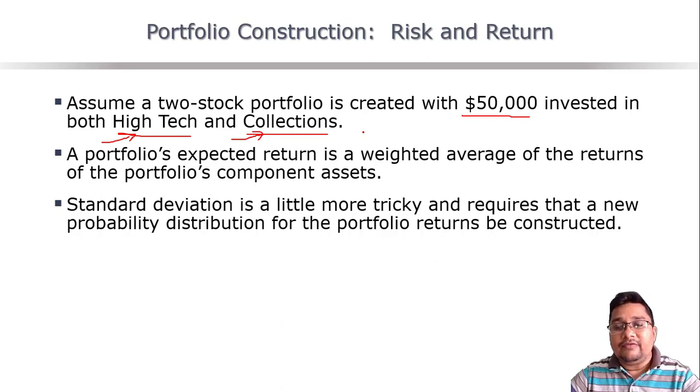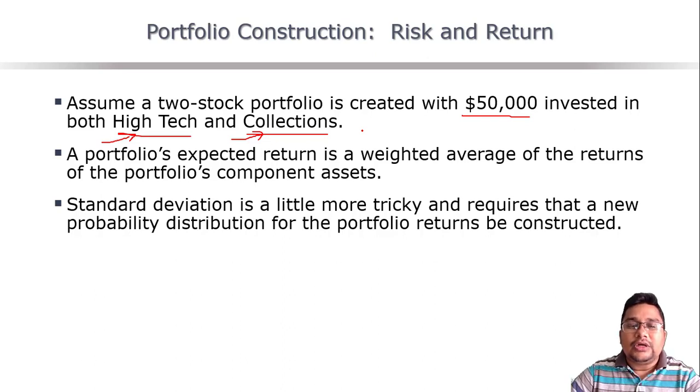We are investing another 50,000 in collections. So our total investment is 100,000. In percentage terms, we have invested 50% in high-tech and 50% in collections. Now, how can we estimate the expected return of the portfolio and the risk of the portfolio?